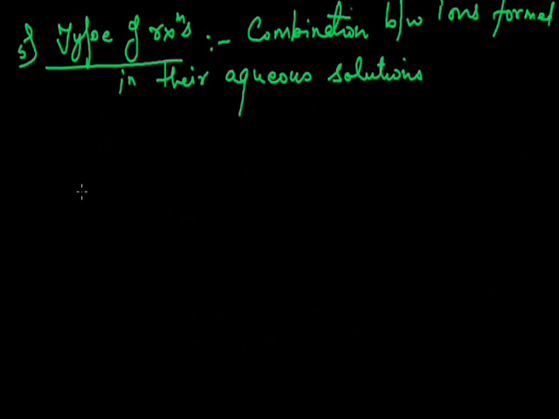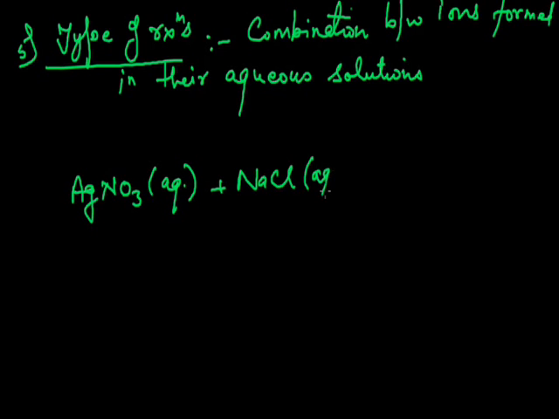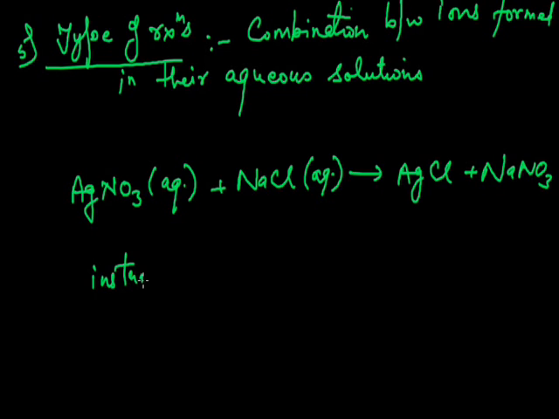Example, AgNO3 in aqueous form combining with NaCl in aqueous form, leading to the formation of products AgCl and NaNO3. Such reactions take place instantaneously. This is all about the ionic bonds.